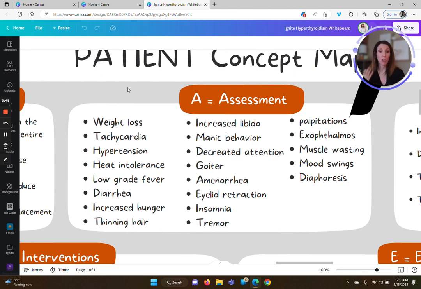These patients often are going to have tachycardia, so their heart rate is going to be too high, and they can also develop abnormal cardiac rhythms associated with the tachycardia that they have, so that can really be a big problem. They can develop hypertension, so their blood pressure can become really high.